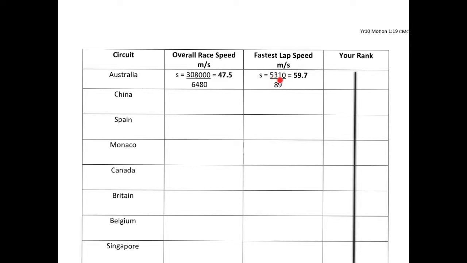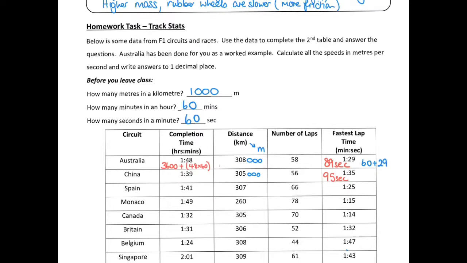For each lap, where did this 5,310 come from? The individual lap distance comes from this distance divided by 58 laps. So if the total race is 308 kilometers or 308,000 meters, and that covers 58 laps, then one lap is this number divided by that number.